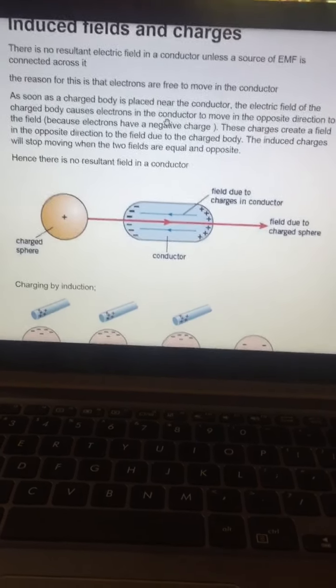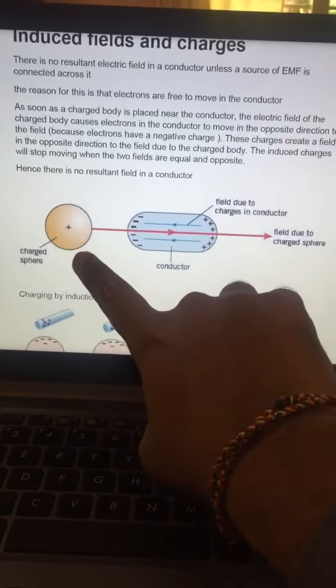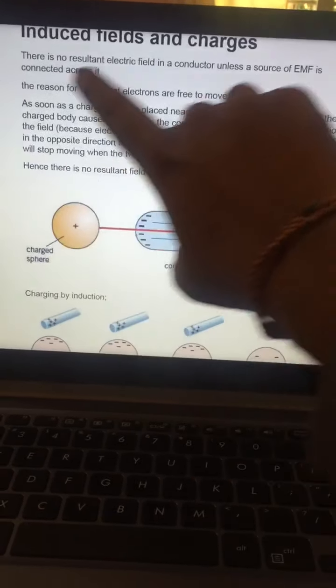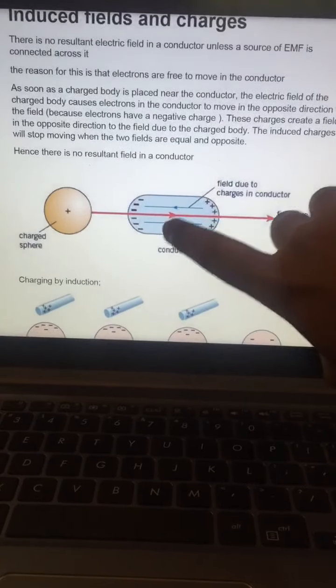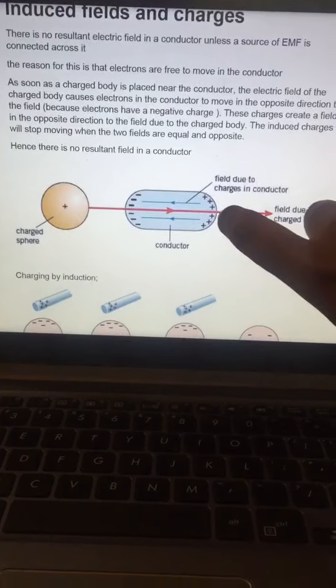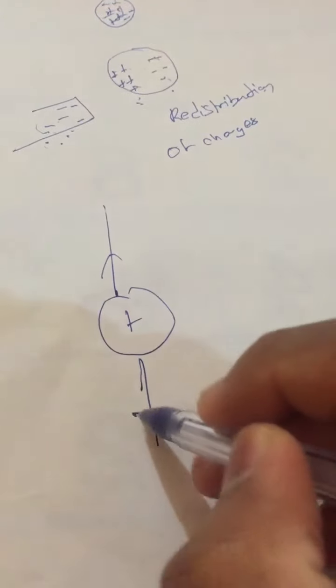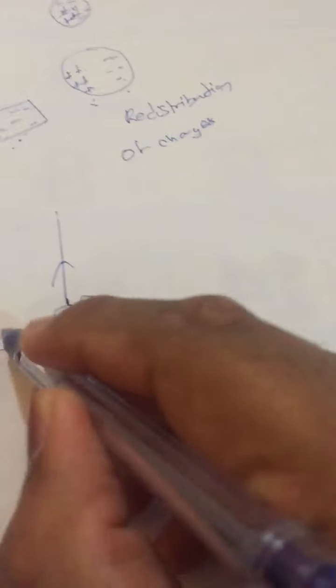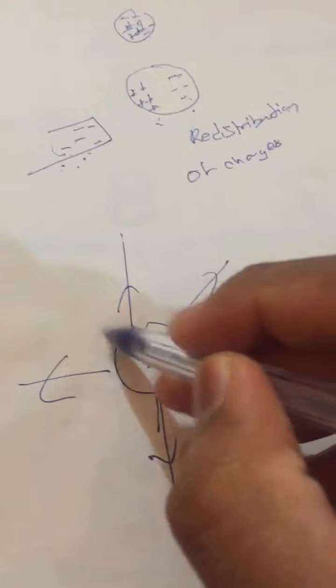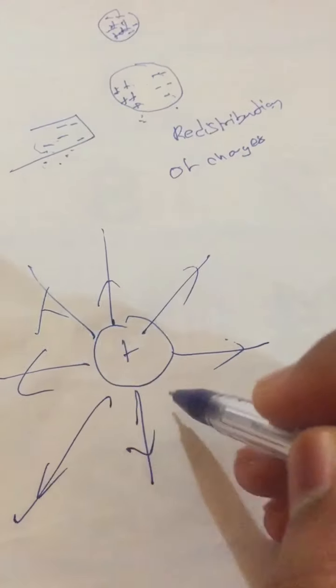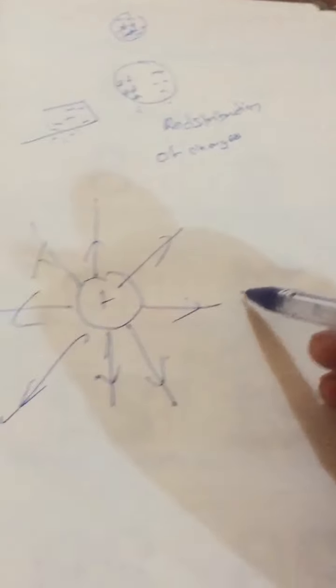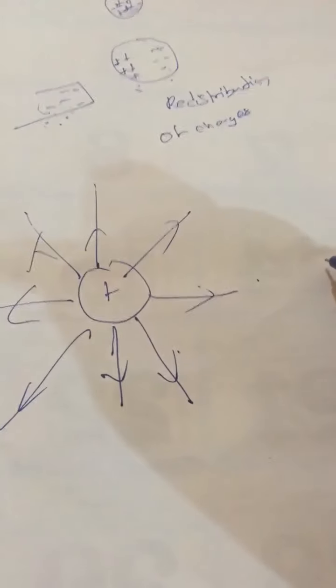So you have to say that when you bring a positive charge, you are bringing the electric field closer to the conductor, right? The positive charge has an electric field, and the electric field denotes the direction in which a positive test charge is going to move.